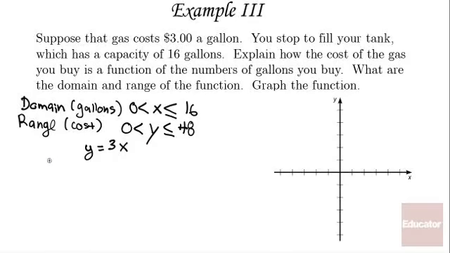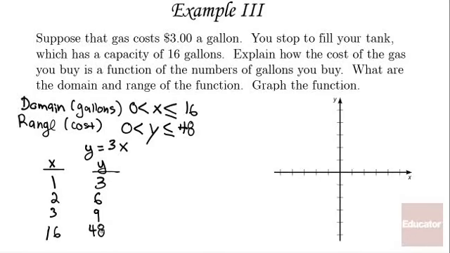And the way I can graph is I can set up a table of x and y values. So let's say I buy 1 gallon of gas. The cost of the gas is going to be $3, looking at this equation. If I buy 2 gallons, it's going to be $6. 3 is going to be $9. And this is going to go on up to my maximum of 16 being $48.